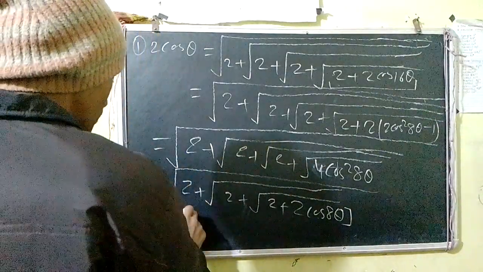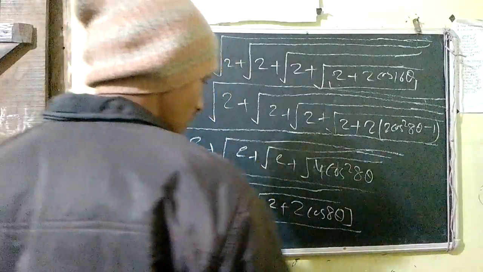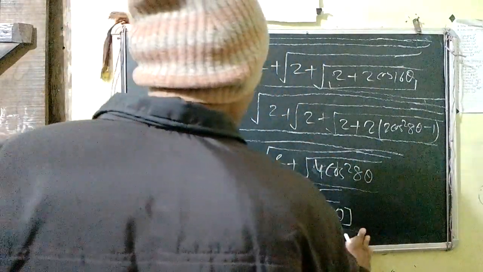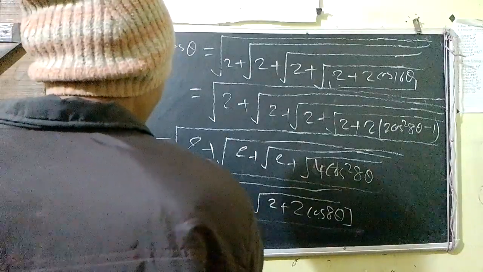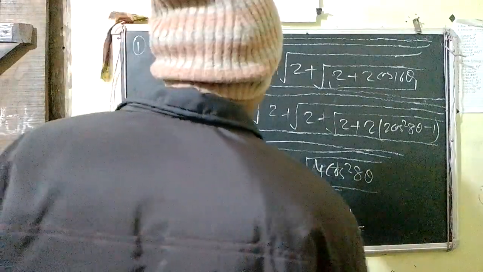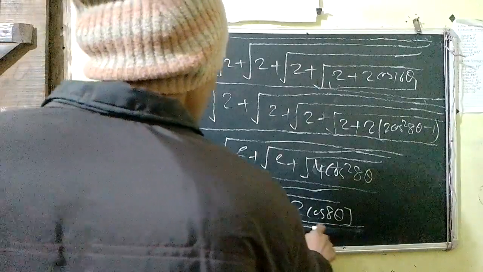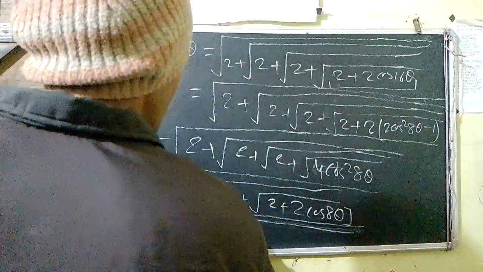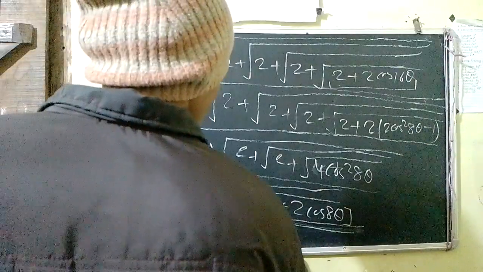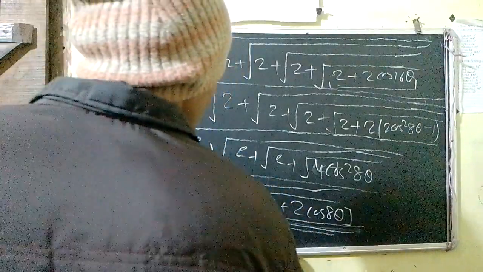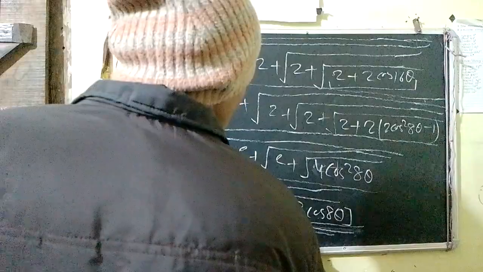So this becomes a square root. I think I need to have the square root above, like that. Square root of 2 plus square root of 2 plus square root. And again, this can be written as 2 plus 2 times cosine.